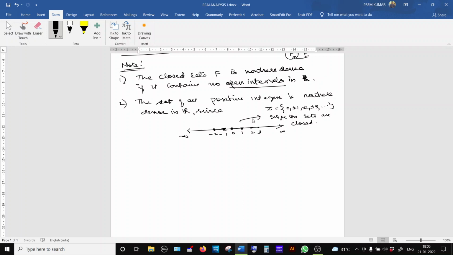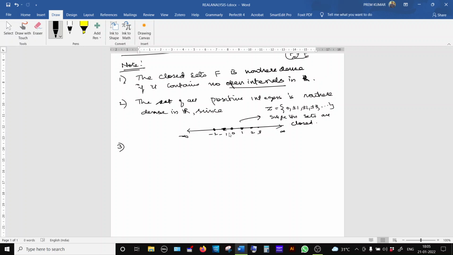That's why the set of all integers is nowhere dense in R. Every singleton set is closed, and all the limit points are inside the set itself.